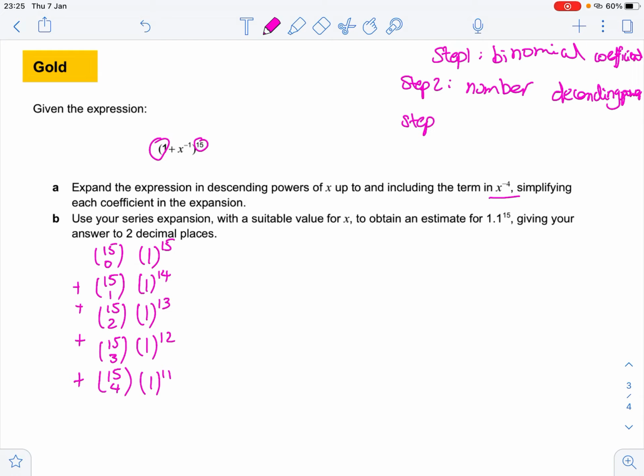Next part, step 3 is the x term. We write in ascending power. So we have x to the power of minus 1, so 0.